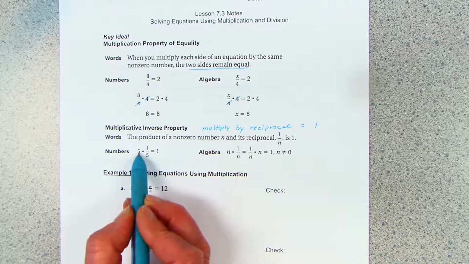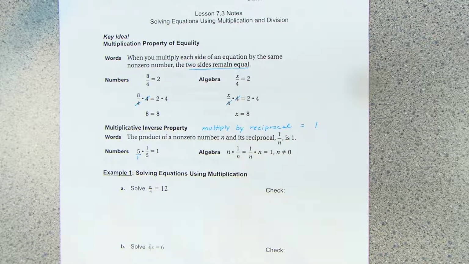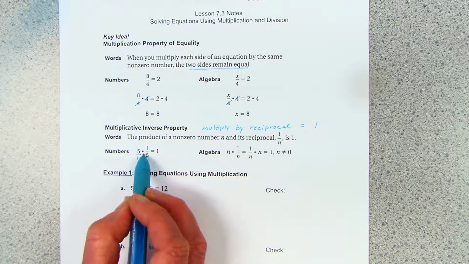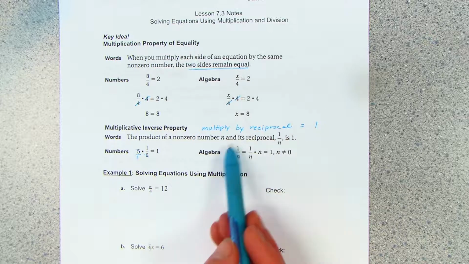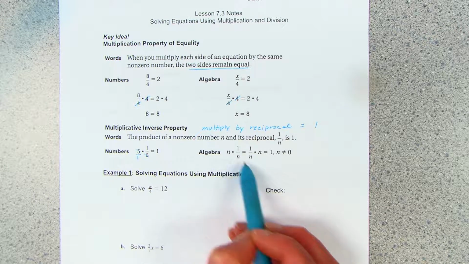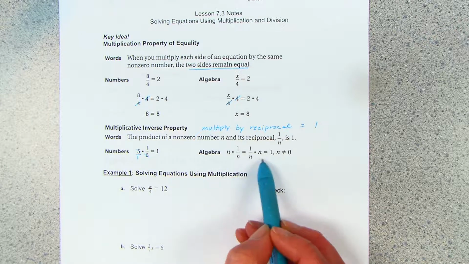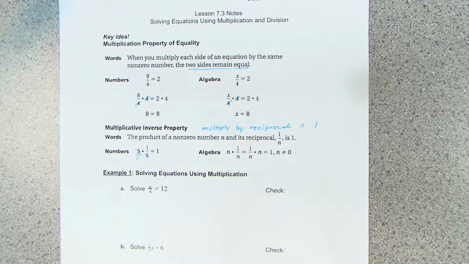The 5 here, it's like you write it over 1, like a whole number written over 1, and then the 5s cancel out, and you're left with 1. But where we're going is using it to solve algebraic equations. So n times 1 over n equals 1. But n cannot equal 0. You can't ever have a 0 in a denominator.